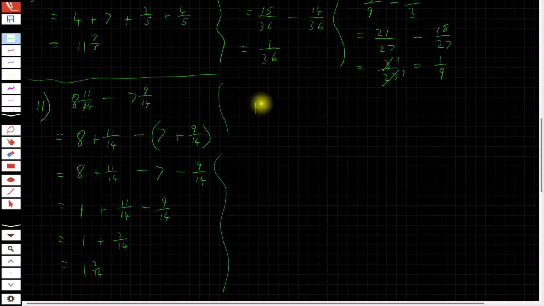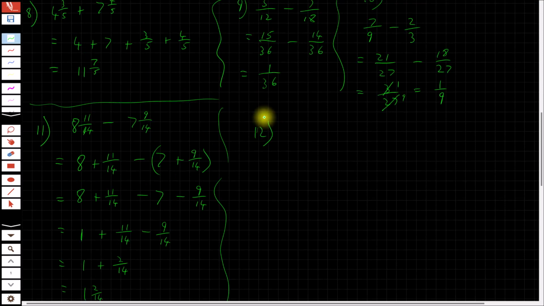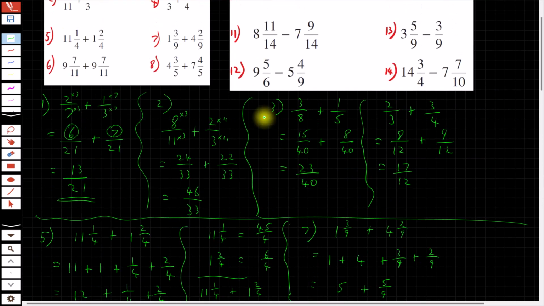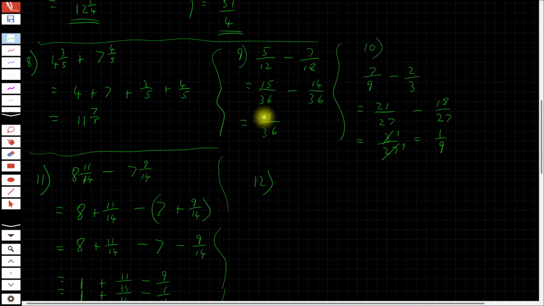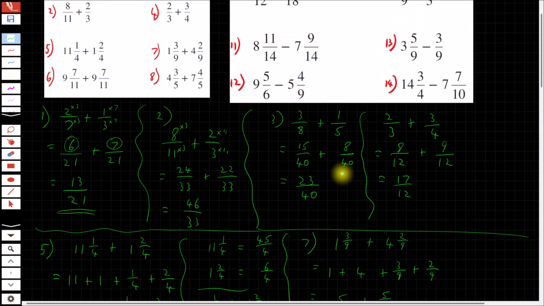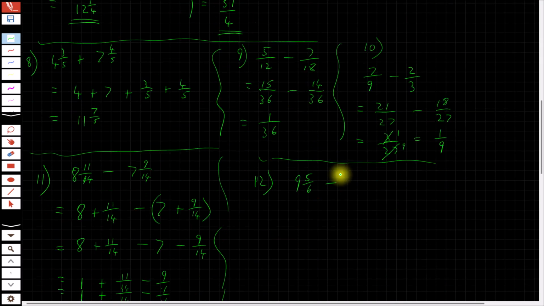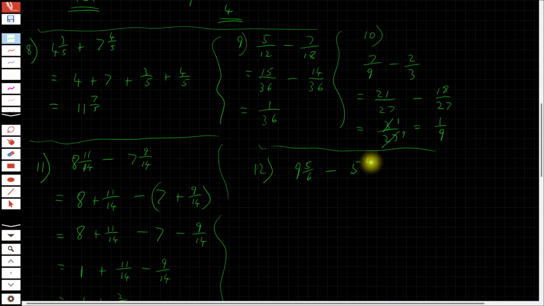Let's do question 12. 9 and 5/6, take away 5 and 4/9. Now we can see in this problem the denominators of that fractional part are different.